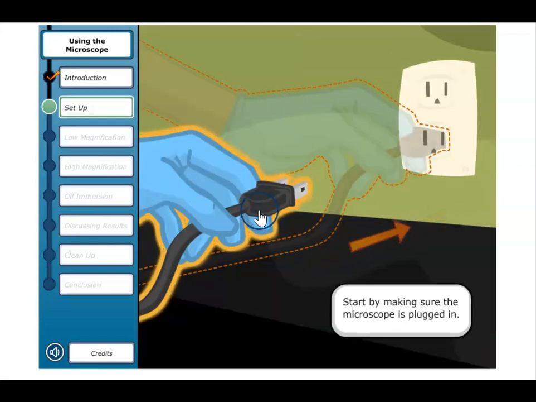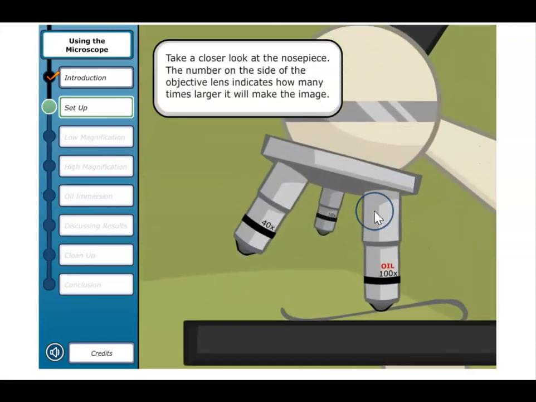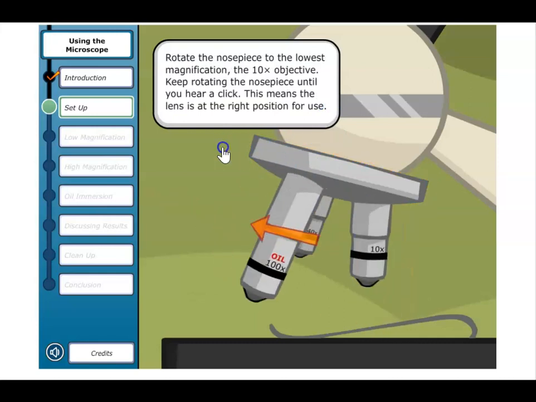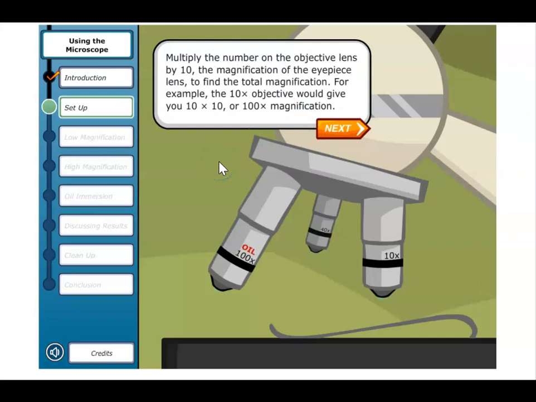Start by making sure the microscope is plugged in. Take a closer look at the nosepiece. The number on the side. Rotate the nosepiece to the lowest magnification, the 10 times objective. Multiply the number on the objective lens by 10, the magnification of the eyepiece lens, to find the total magnification. For example, the 10 times objective would give you 10 times 10, or 100 times magnification.